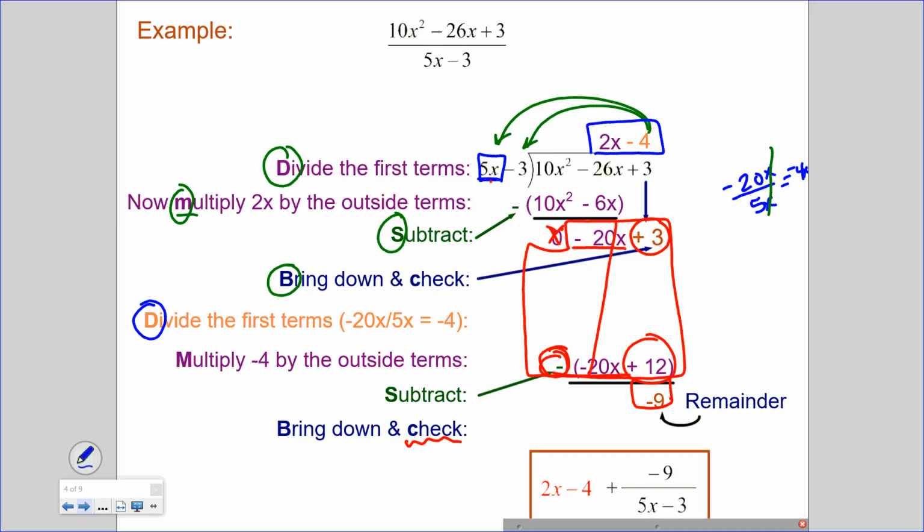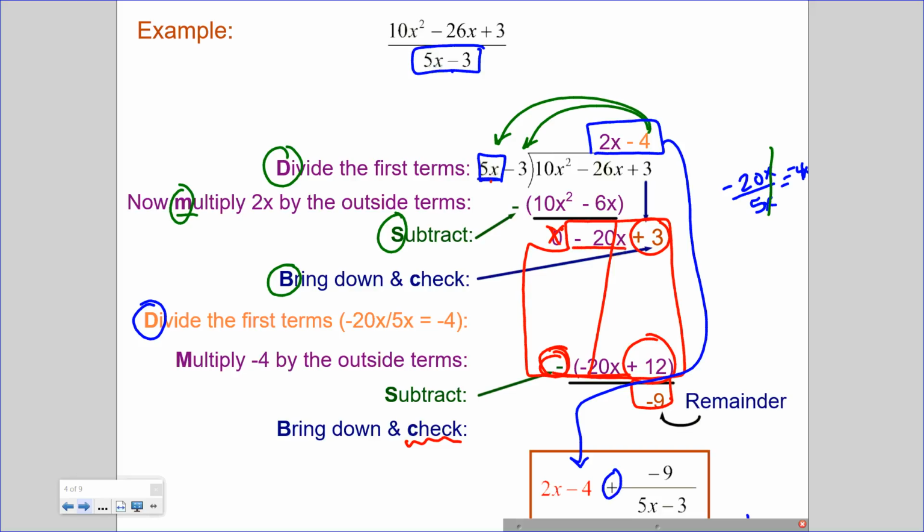So the final divided out expression for this long division is 2x minus 4, which comes from what we got up there, plus the remainder, negative 9 over 5x minus 3. 5x minus 3 is just the original denominator, so we keep that as the denominator.